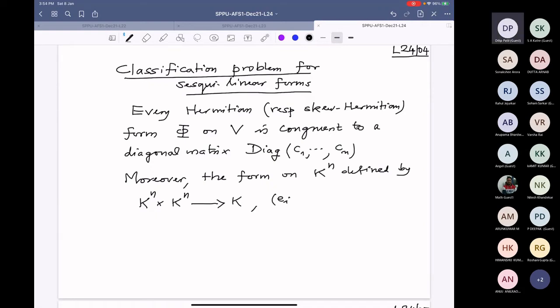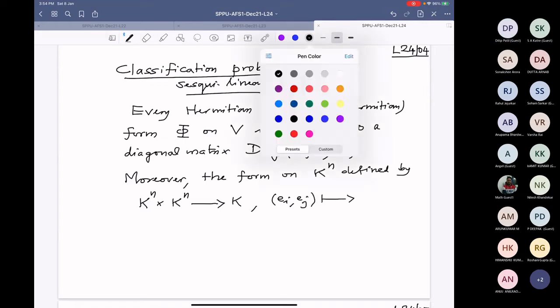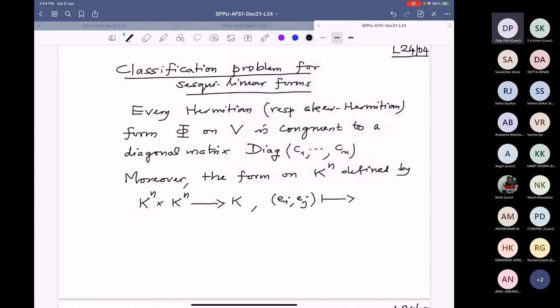I will define it only for the basis elements. This is mapped to delta_ij c_i, where of course e_i, 1 to n, is the standard basis and delta_ij is the canonical delta.